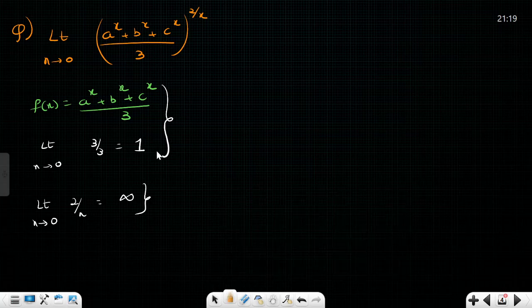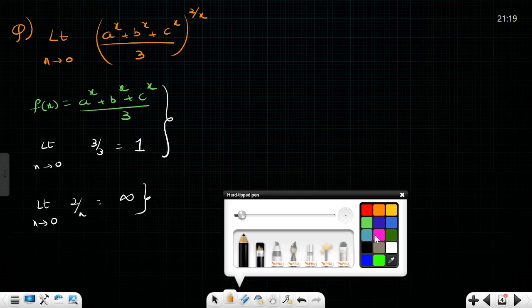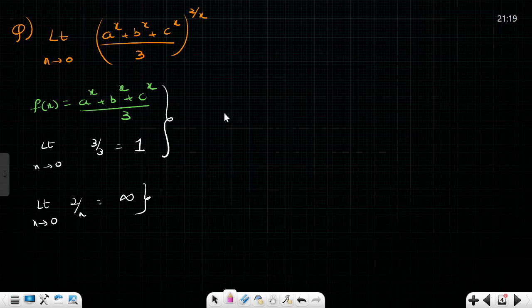So now the next thing is we should be thinking how to proceed. There is nothing like thinking of some new method. It is f of x minus 1 into g of x. So limit x tends to 0 of f of x minus 1, that is a power x plus b power x plus c power x by 3 minus 1, into g of x, which is 2 by x.